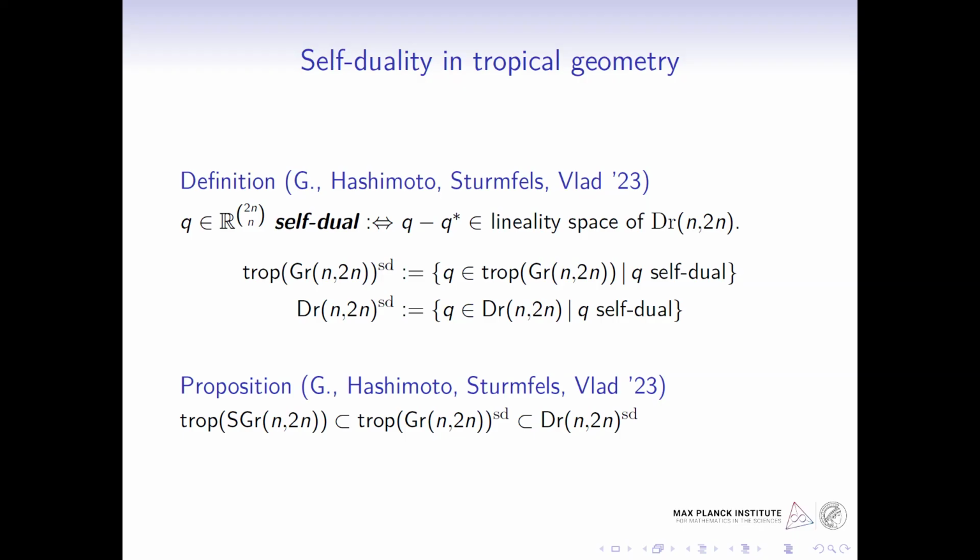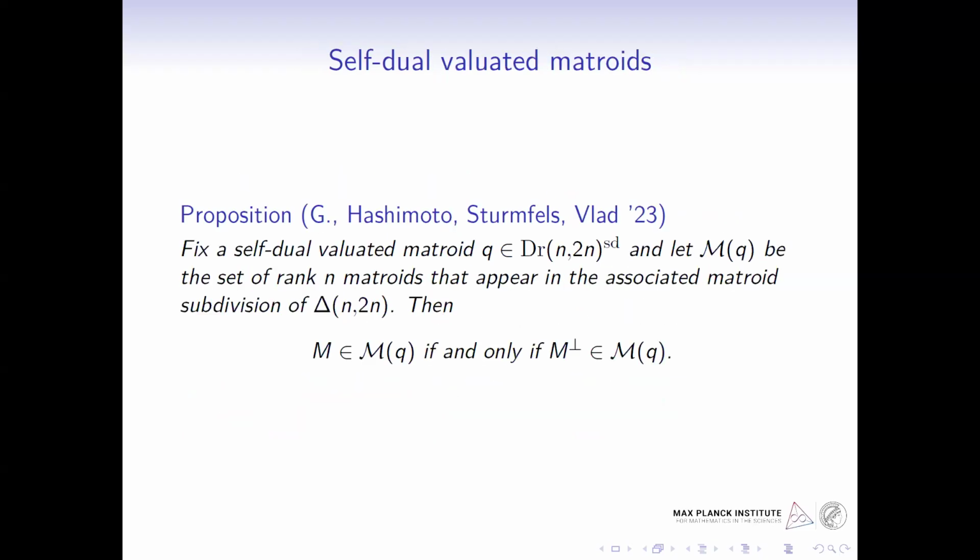So apart from this fact that Q minus Q star lives in the lineality space of the Dressian, what is the special thing about self-dual valuated matroids? There is a very nice geometric property that these valuated matroids have, and it's the following.